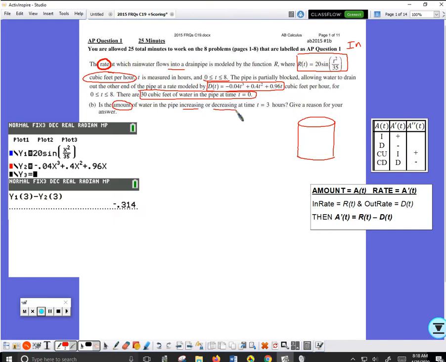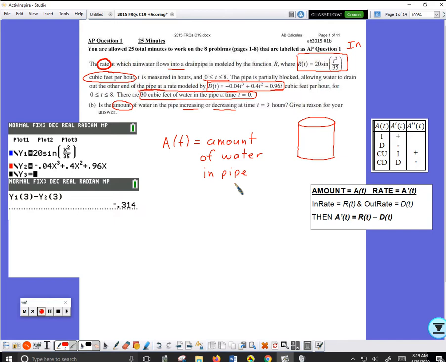So it's Danica's chart. So I think to myself, okay, so I tell the grader A of t is going to equal the amount of water in the pipe.